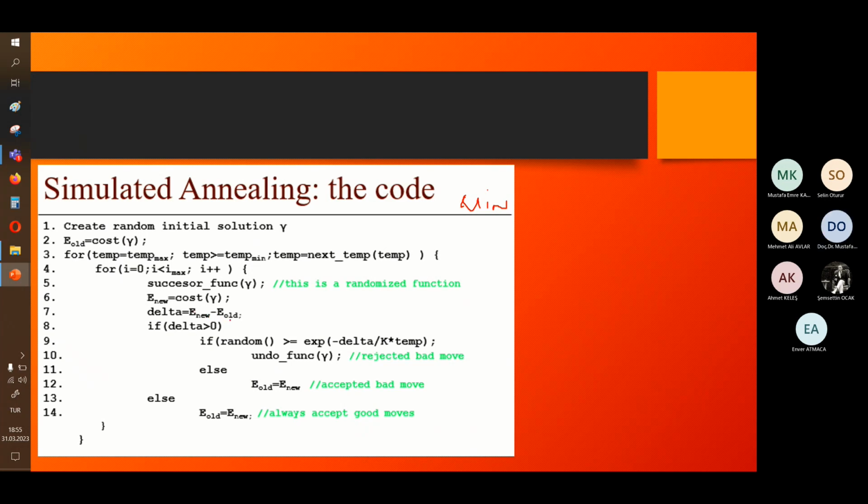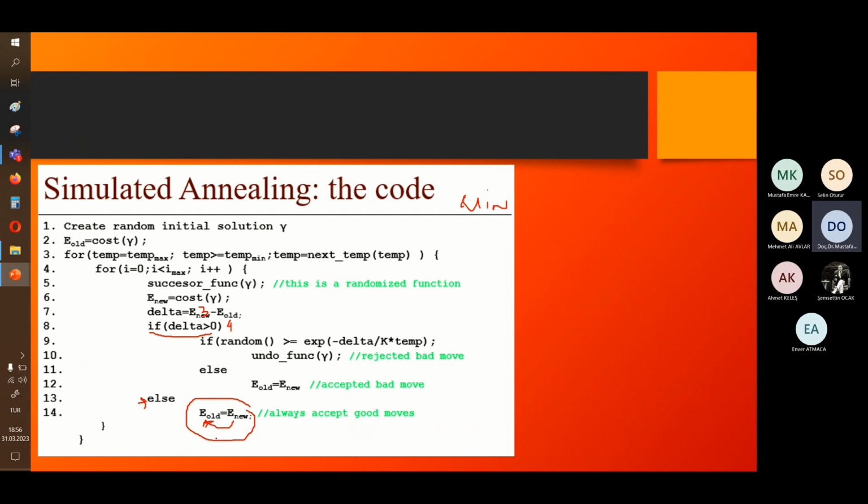If E old is 4, the current solution is 4, and the new solution is 3, is it a good one? Yes, so we should accept this. So 3 minus 4 will be minus 1. Therefore, if delta is larger than 0, it means the else part will be working. So the new solution will be accepted and assigned as our current solution.